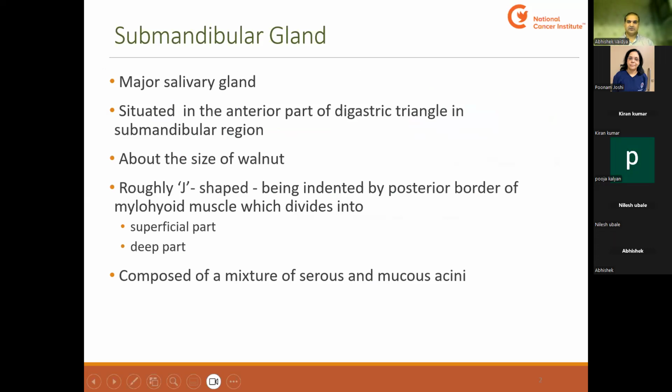We know that submandibular salivary gland is the second most common salivary gland.